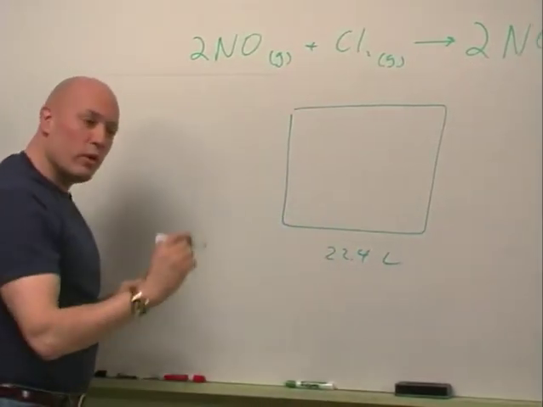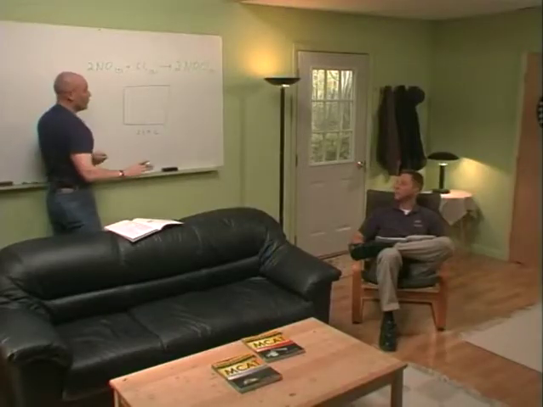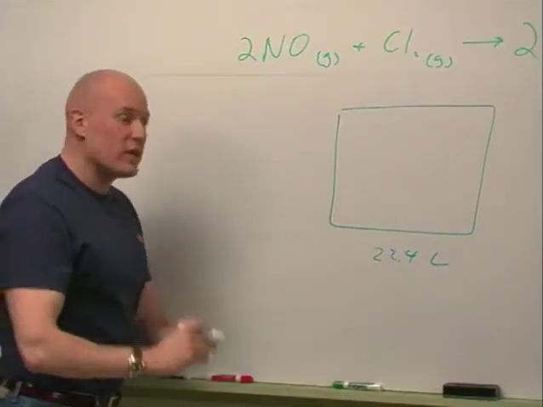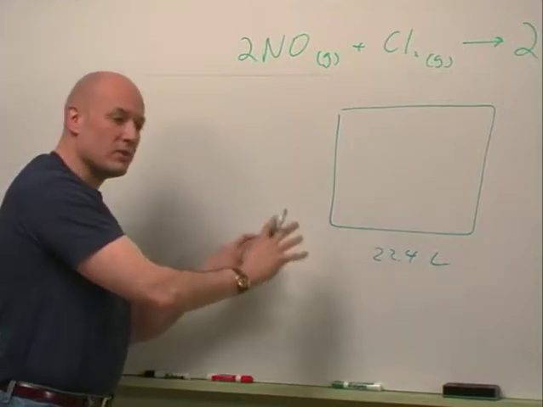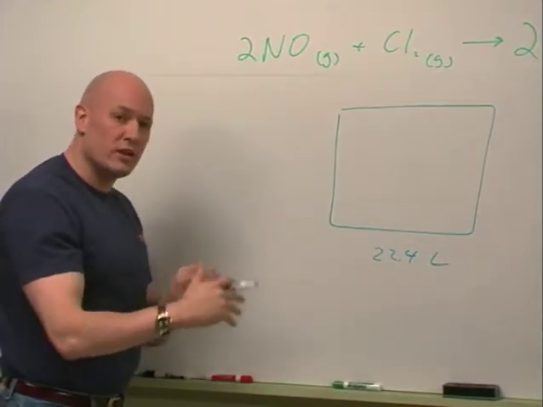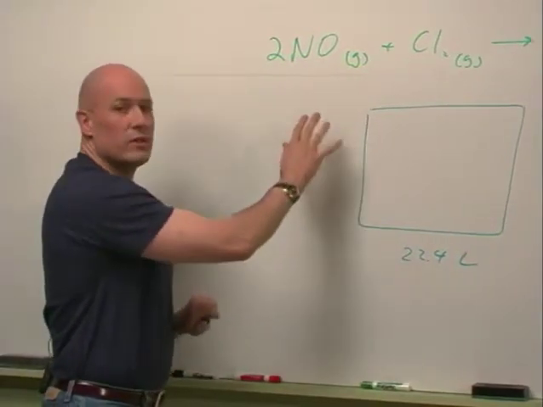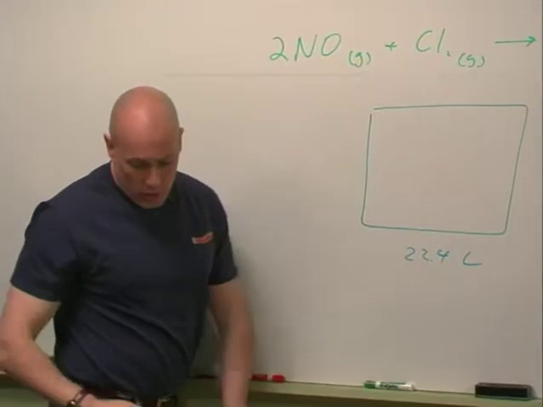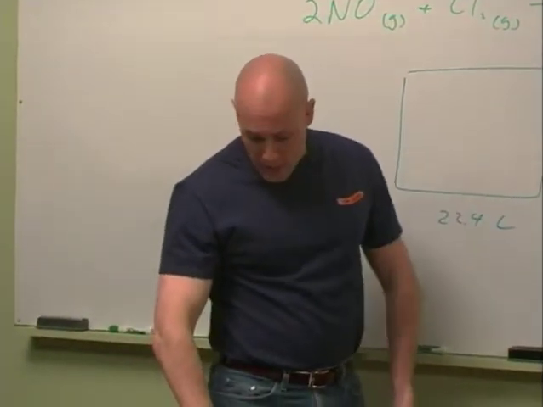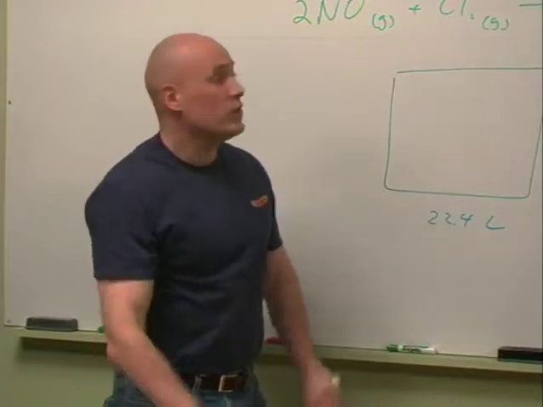The question is, will it reduce back down to 10 atmospheres? No. It will not. Le Chatelier's principle says that the reaction wants to compensate for the stress, but it can't totally compensate. So what's going to happen is the pressure is going to be somewhere between 10 and 12. Best answer here is C, less than 12 atmospheres, because Le Chatelier's principle predicts that the equilibrium will shift to the right.